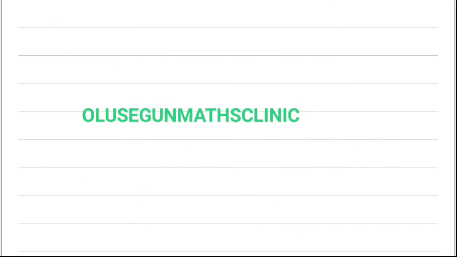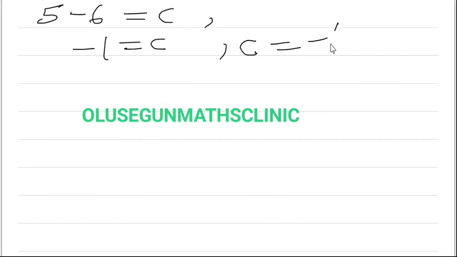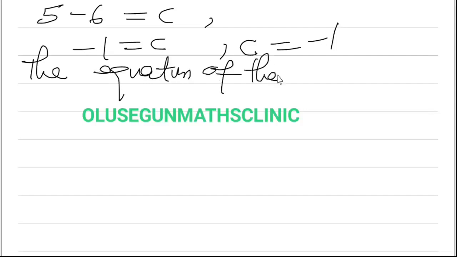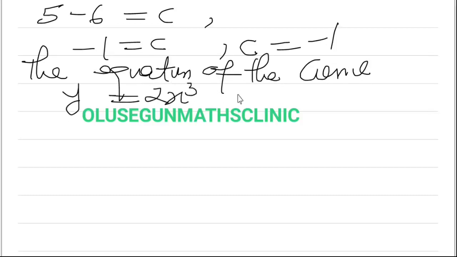Therefore, 5 minus 6 is equal to c, so -1 is equal to c. So the equation of the curve is y equal to 2x cubed plus 4x squared minus 3x minus 1. So this is just the equation.